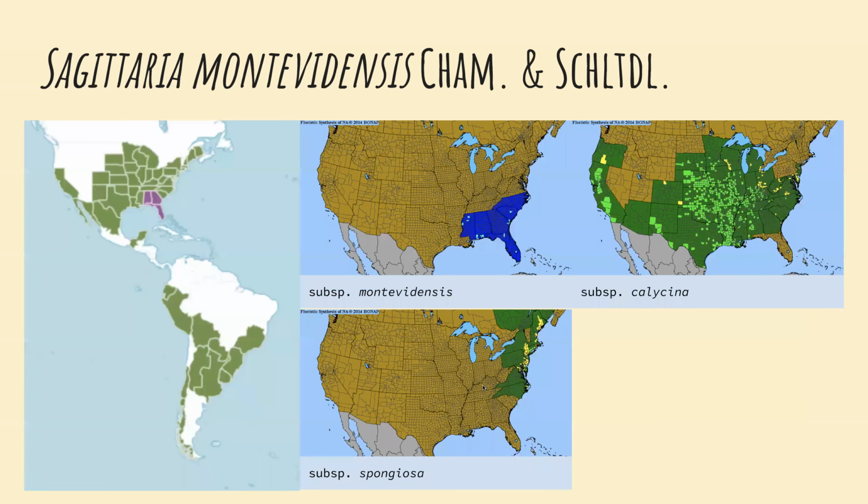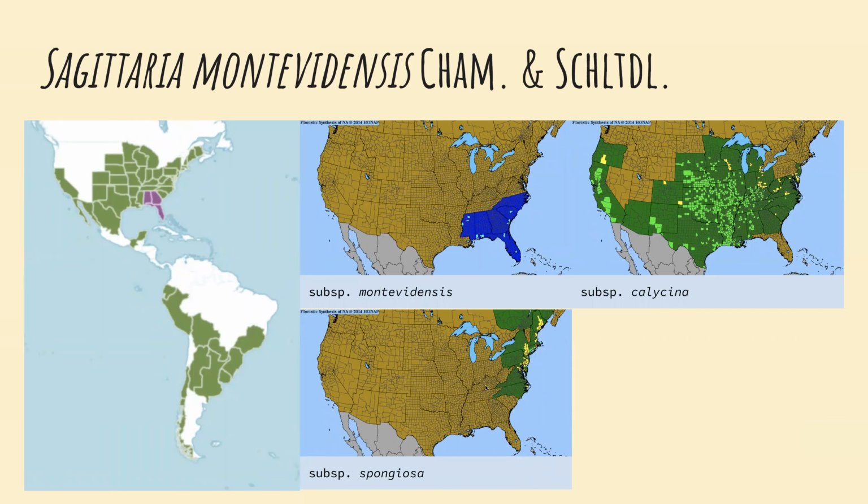This one's name, montevidensis, I think is maybe of South American origin, from Montevideo. So it does extend down into South America, and has a range split where it's temperate South America and temperate North America, temperate to tropical in both of those places.